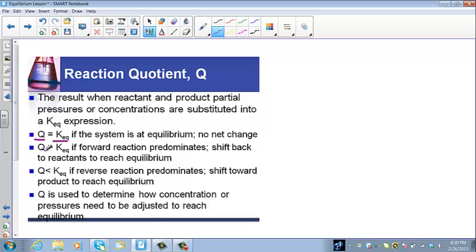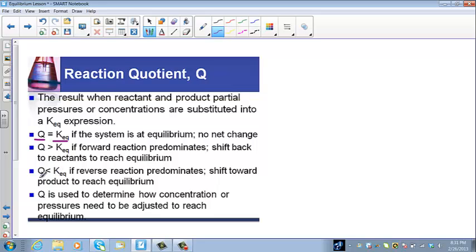If your Q is greater than your KEQ, then the forward reaction predominates. And what will happen is it'll shift back to the reactants to reach equilibrium. So if your Q is greater than your KEQ, that means we're driving the forward reaction, and the reverse reaction is going to kick in to reach equilibrium again.